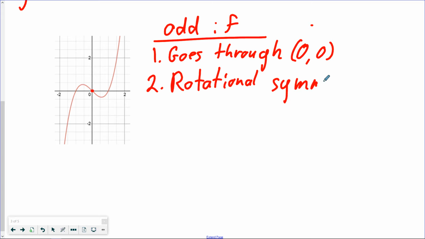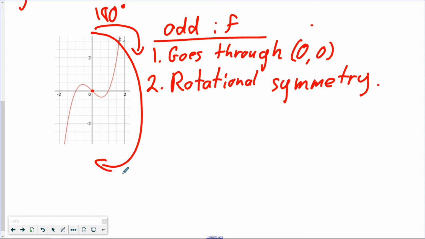So what that means is if I take this graph and I rotate it 180 degrees, so I'm going to turn it that way 180 degrees, it's going to spin all the way around. If I rotate it 180 degrees, it should look exactly the same after I do that spin. If it does, it means it has rotational symmetry.